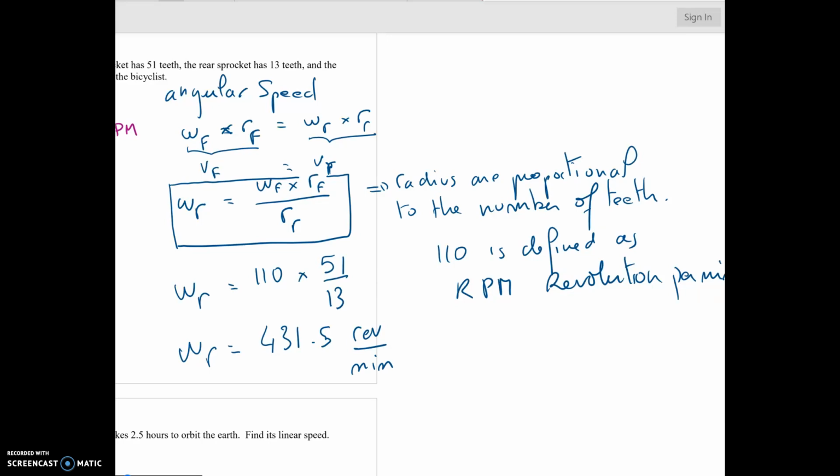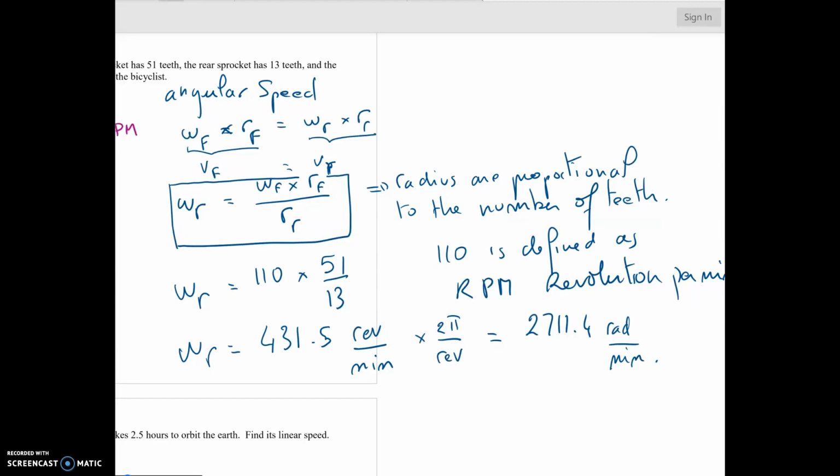But if I want to convert revolutions into radians, I will have to multiply by 2 pi and divide by the number of revolutions, which is 1. 1 revolution equals 2 pi, and therefore I end up with a value equal to 2711.4 radians per minute.